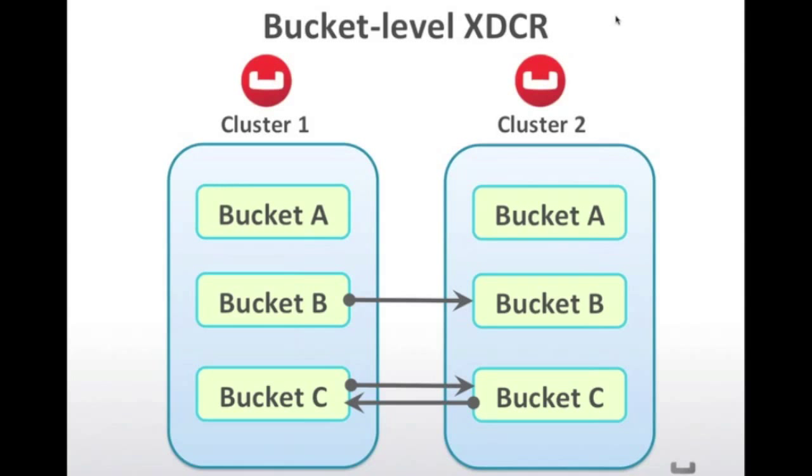For bucket C, we have a bidirectional replication, so the data is replicated from either side. The bidirectional replication is basically set up as 2 unidirectional streams. You have a unidirectional stream from cluster 1 to cluster 2, and you set up a separate unidirectional stream from cluster 2 to cluster 1. And that's basically how bidirectional gets set up.